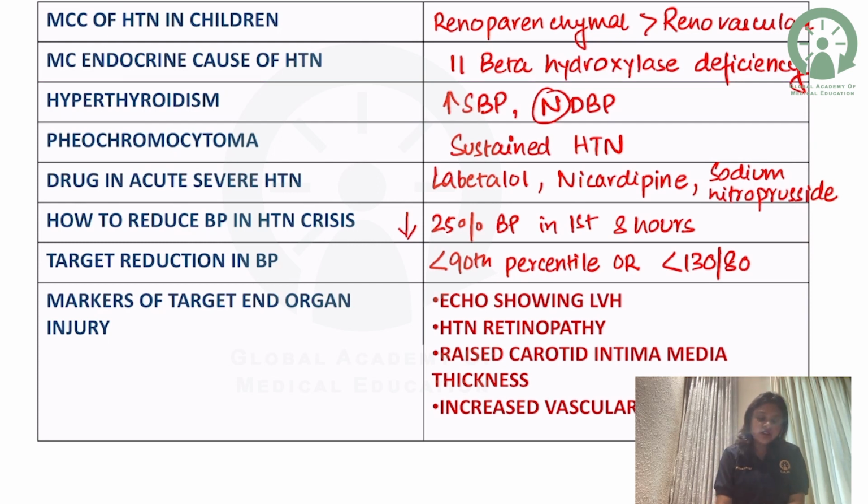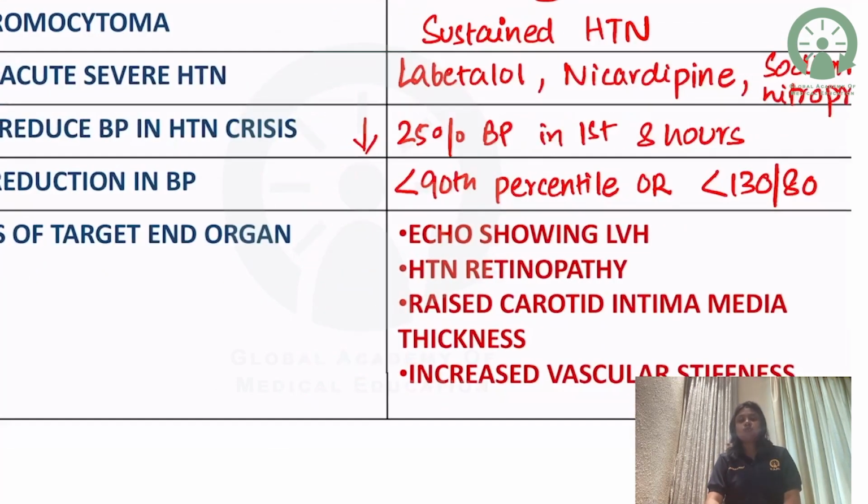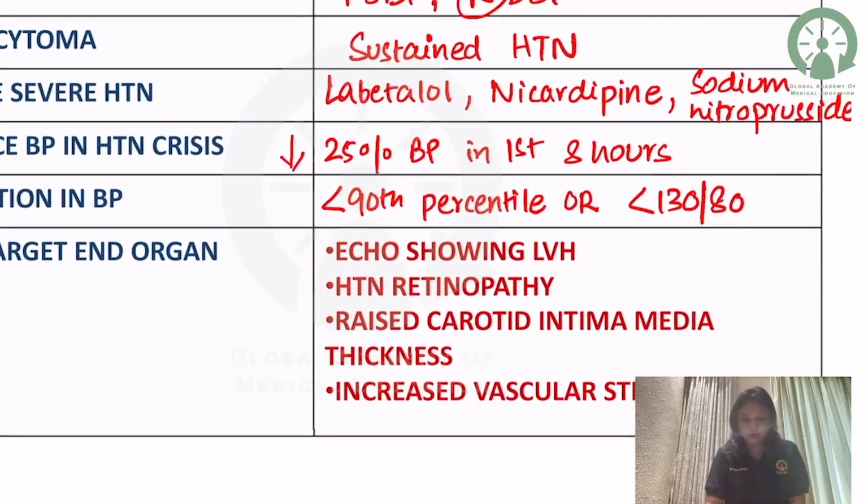The last is very important: what are the markers of target end organ injury? Hypertensive emergency means there is end organ injury, meaning involvement of the heart, brain and kidney. We can have renal failure, stroke, hypertensive encephalopathy, left ventricular hypertrophy, heart failure, etc. So what are the markers suggestive of target end organ injury? First is echocardiography showing left ventricular hypertrophy.